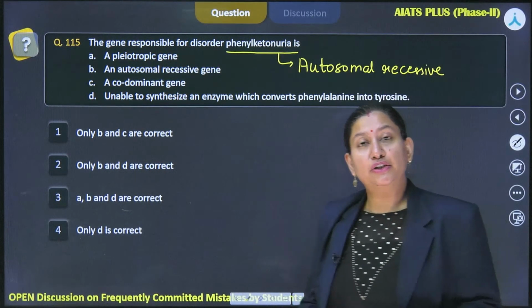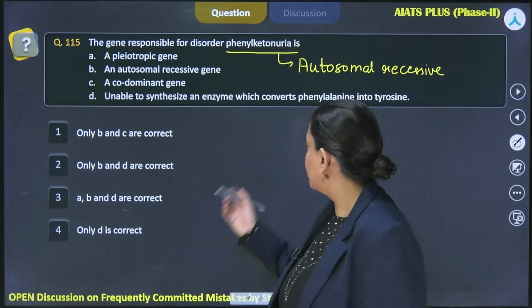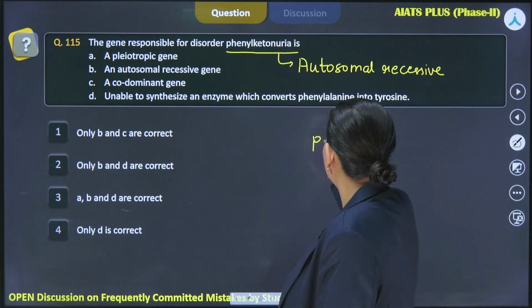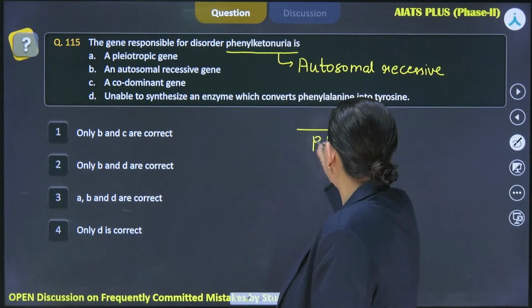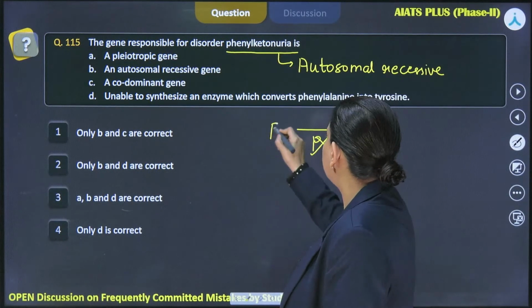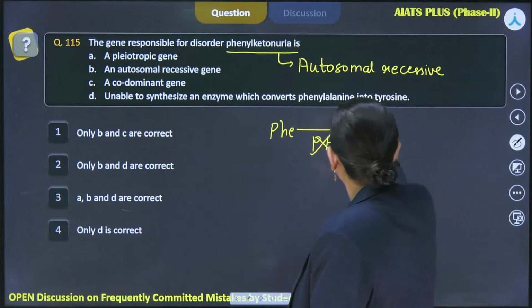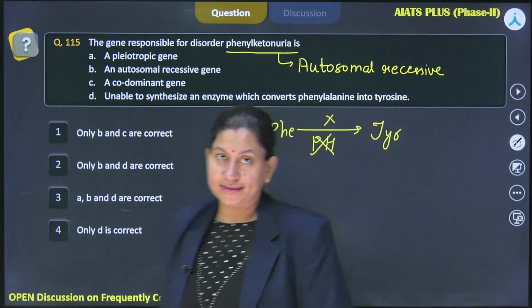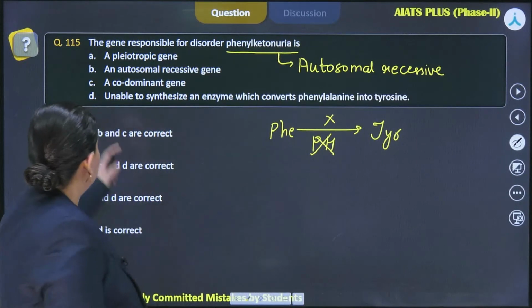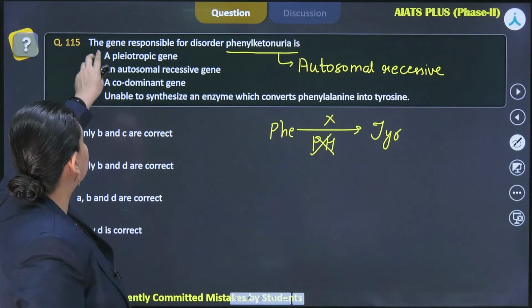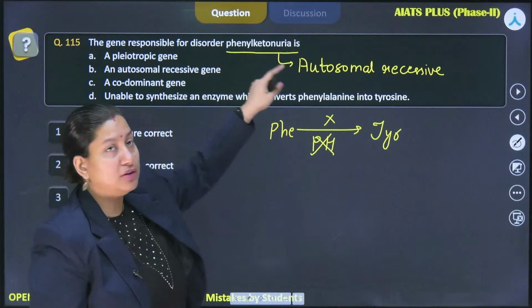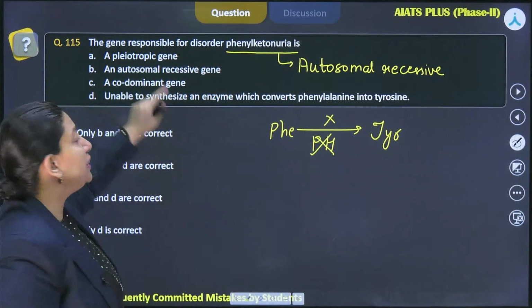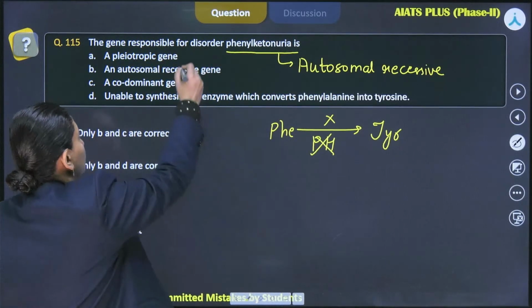And this particular disorder is an inborn error of metabolism where an enzyme known as phenylalanine hydroxylase is not present in the affected individual, due to which the conversion of phenylalanine to tyrosine is also not taking place, right? So the first thing this question says is that the gene responsible for this disorder is a pleiotropic gene. So this is true, right?